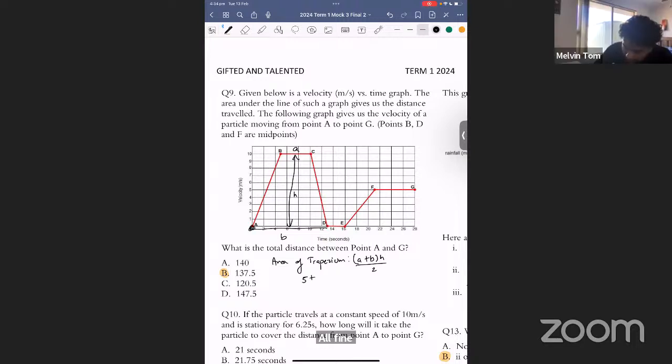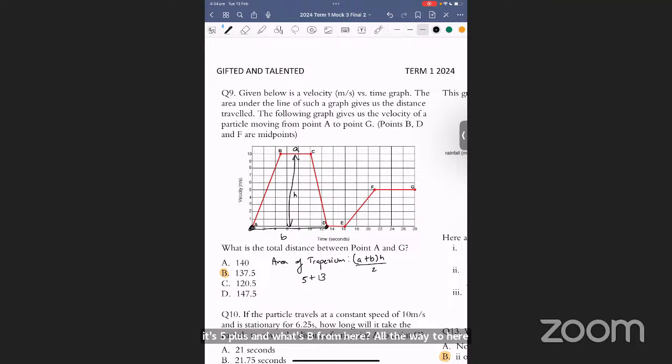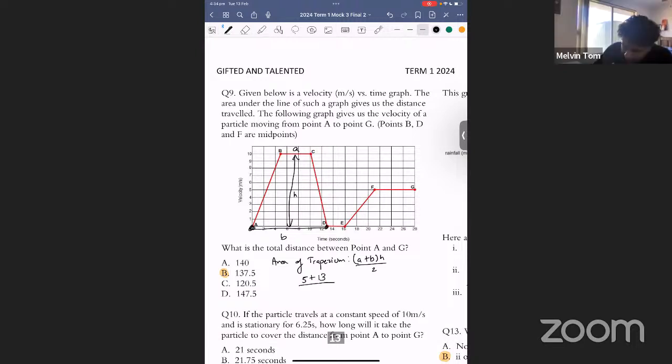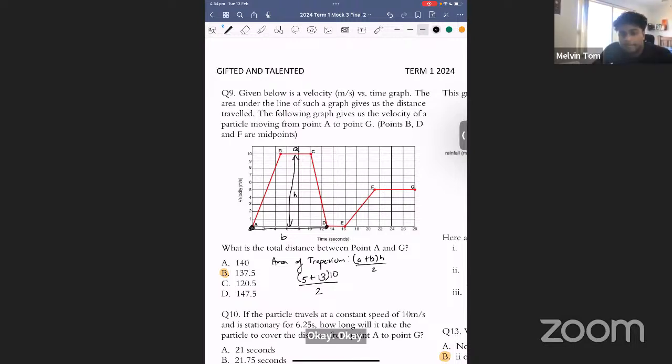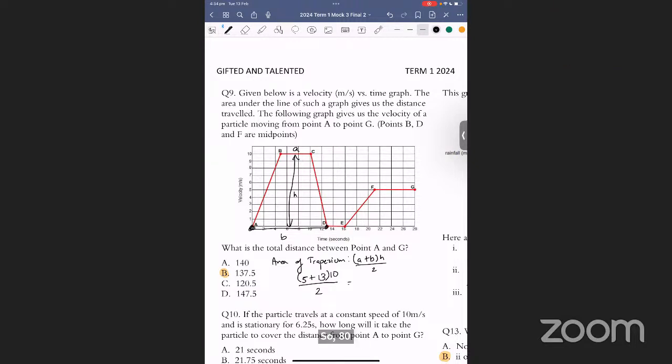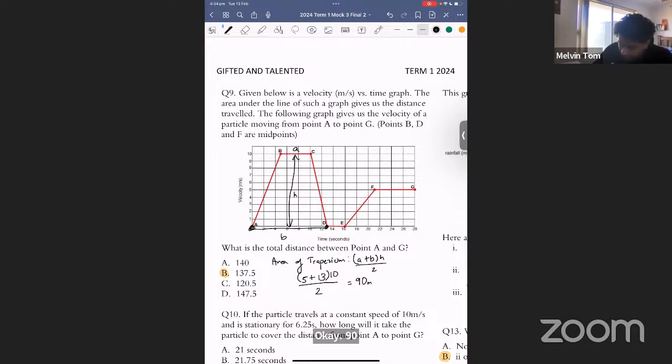From here all the way to here. 13. Yep. And then what's the height? 10. All right. So what's 5 plus 13? 18. Times 10, 180. Divided by 2? 90. All right. So on the left-hand side, they traveled 90 meters.